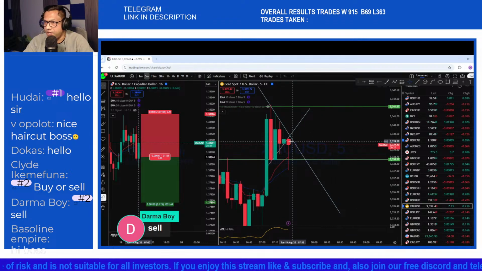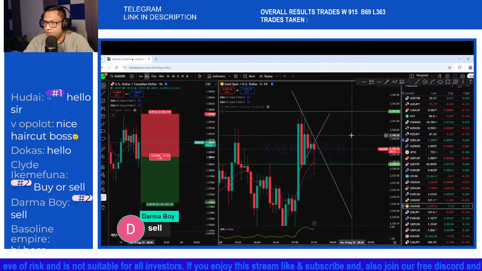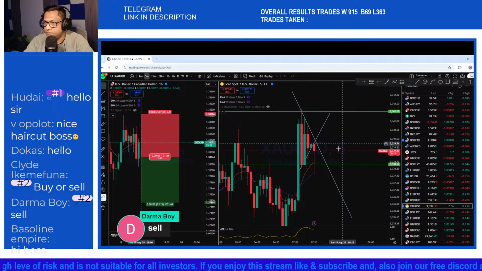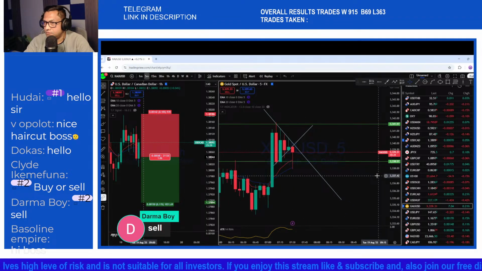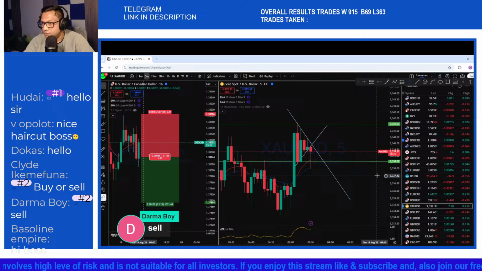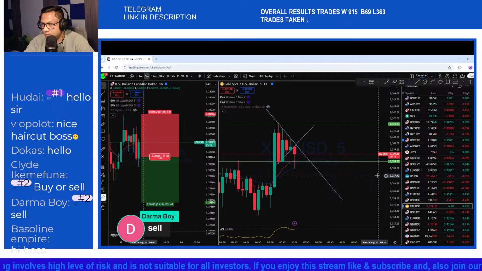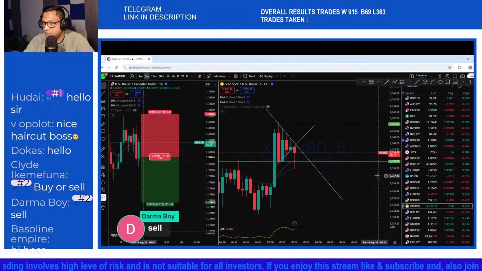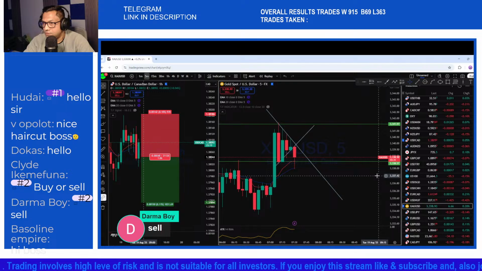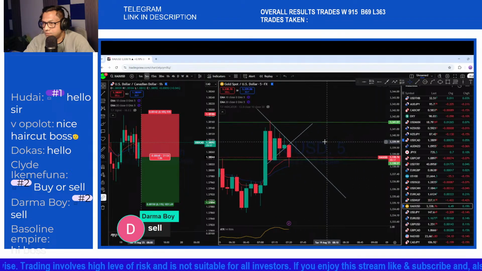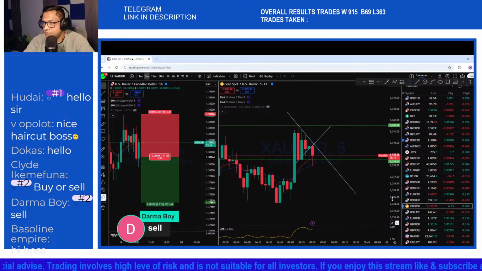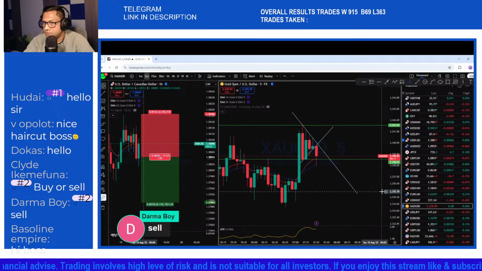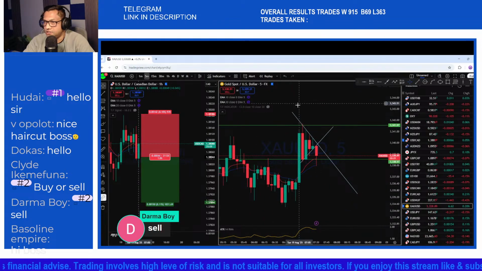Five minutes perspective here with a long wick candle in this area. Here is a triangular pattern.